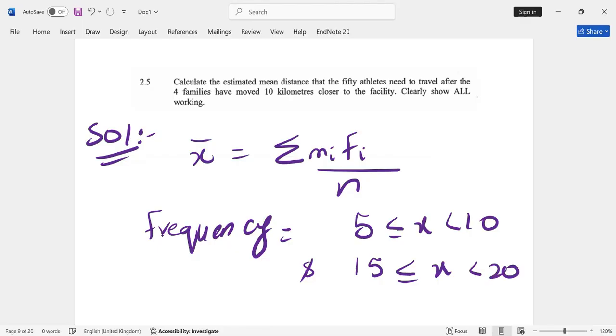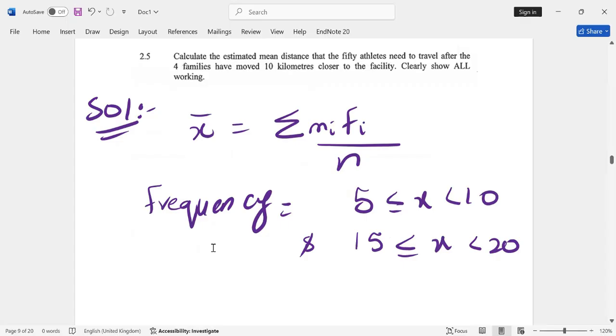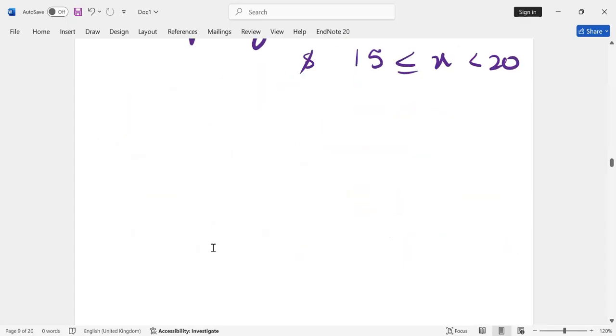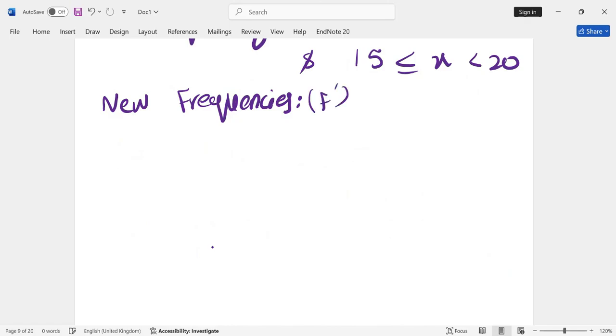Interval changes. Okay, so the new frequencies f prime, I'm writing over here, the first thing is new frequencies. Okay, so that is f prime.